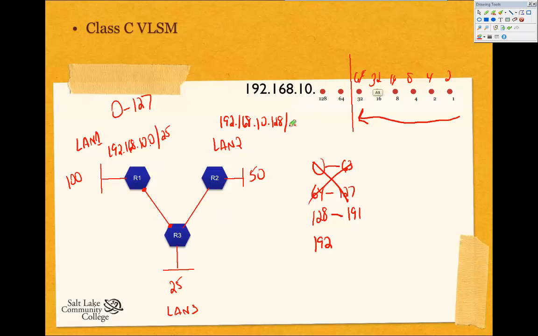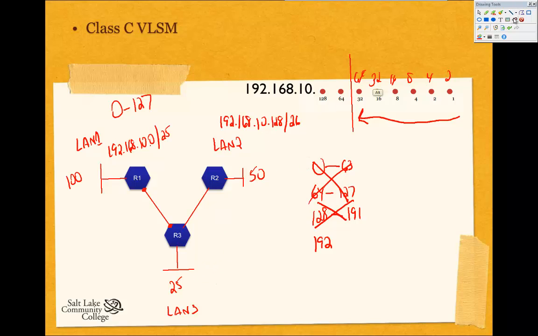A /26 mask. Now we cross those numbers off too, because they're gone. You're starting to see the logic behind this. Just cross over the numbers that you've used as you use them and go in the increments that you need for your particular network.